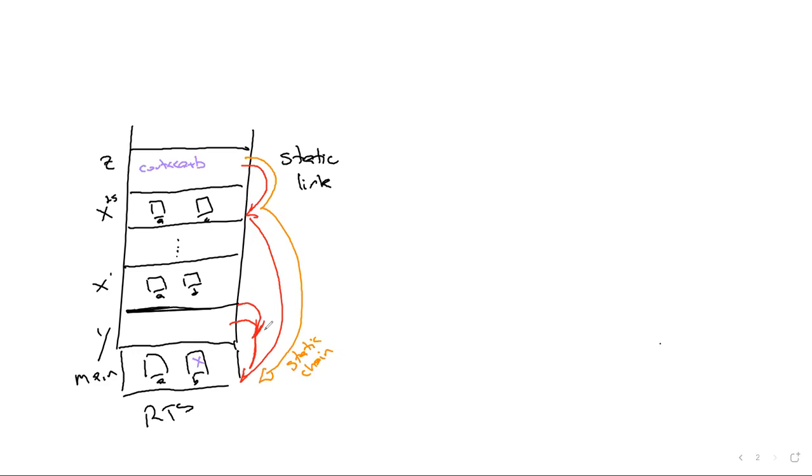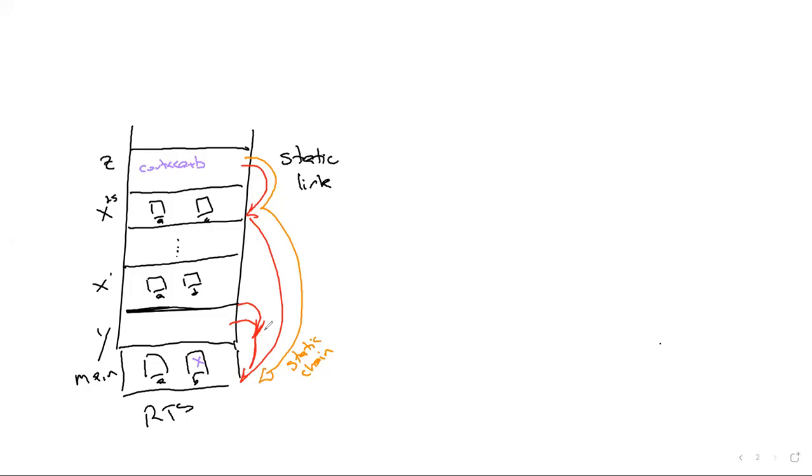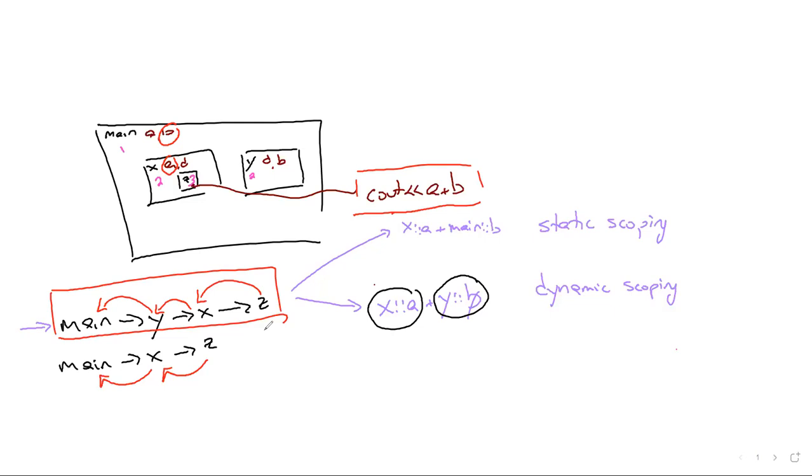the answer to that is that we check the difference between the nesting of the calling function and the nesting of the scope, not function, of the scope where the variable has been defined.